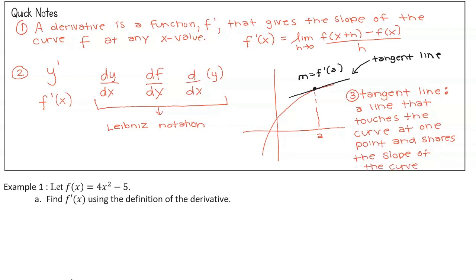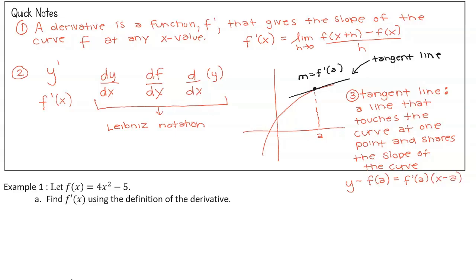And in previous sections, we have found the equation for the tangent line, but let me go ahead and put it here. We're going to do y minus whatever the output value is for our point A. This is going to equal the slope, or the derivative at that point, times x minus whatever that point is.